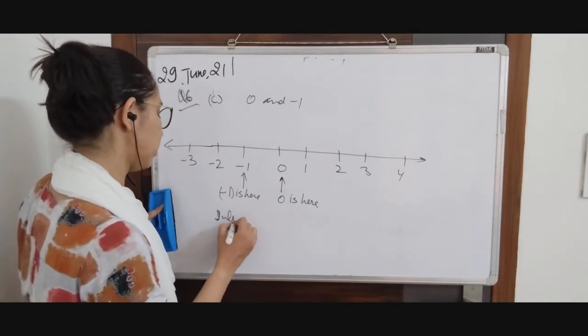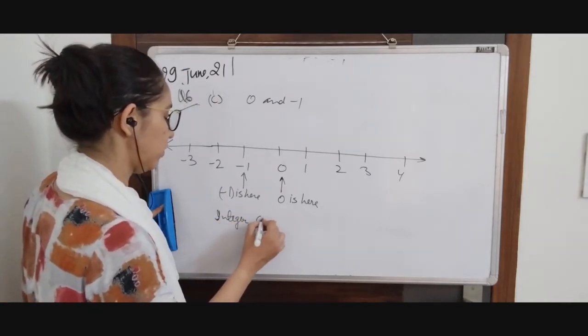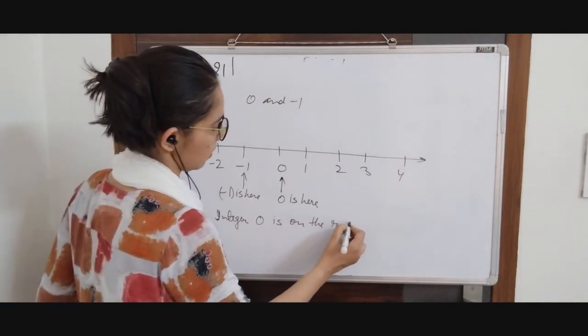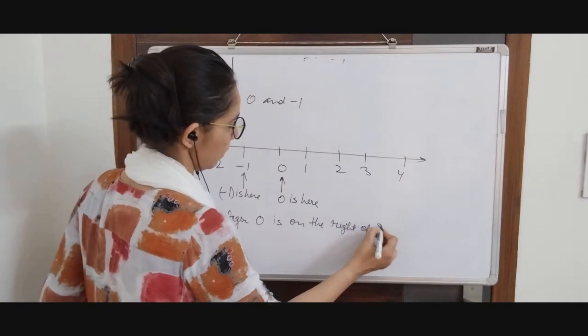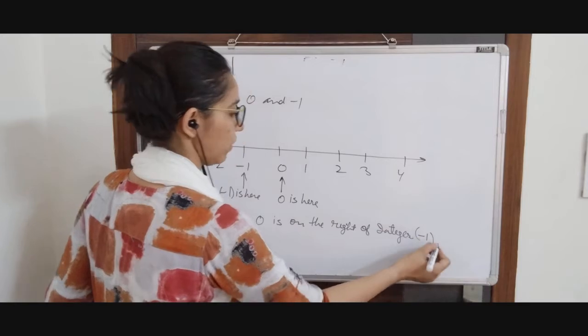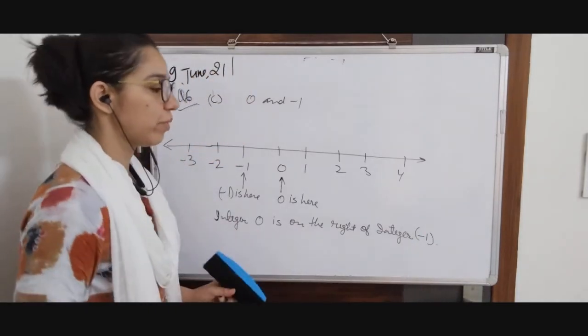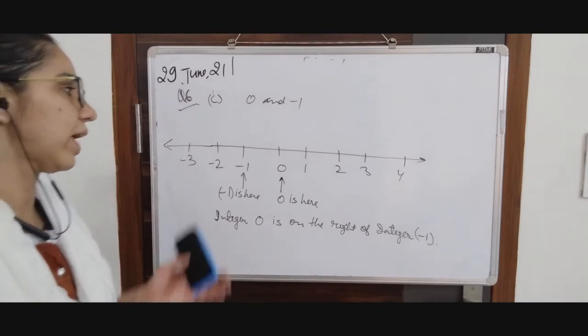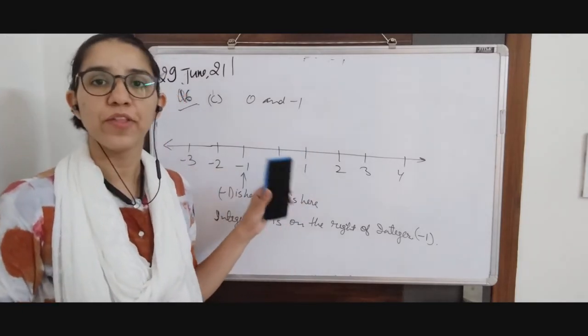Your integer 0 is on the right of integer -1. Why are we checking which number is on the right? Because we studied that the number on the right is greater than the number on the left.